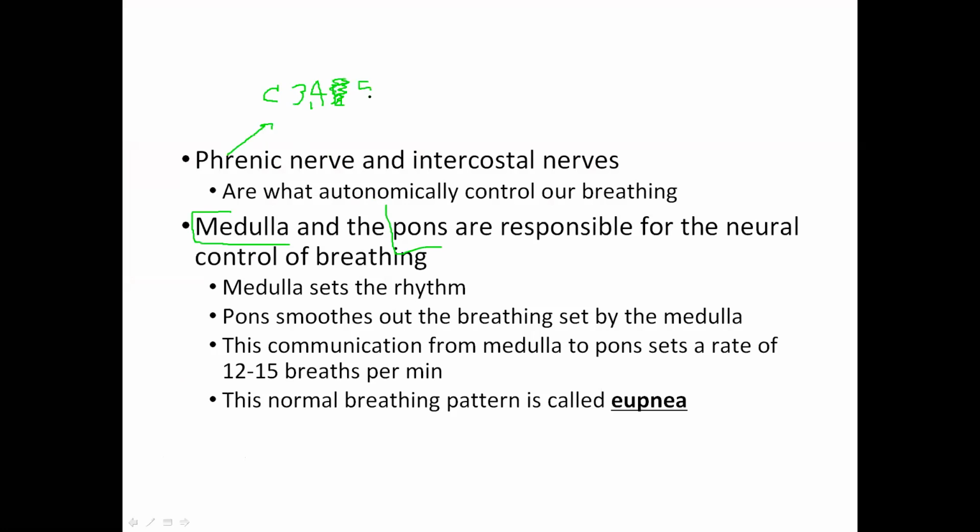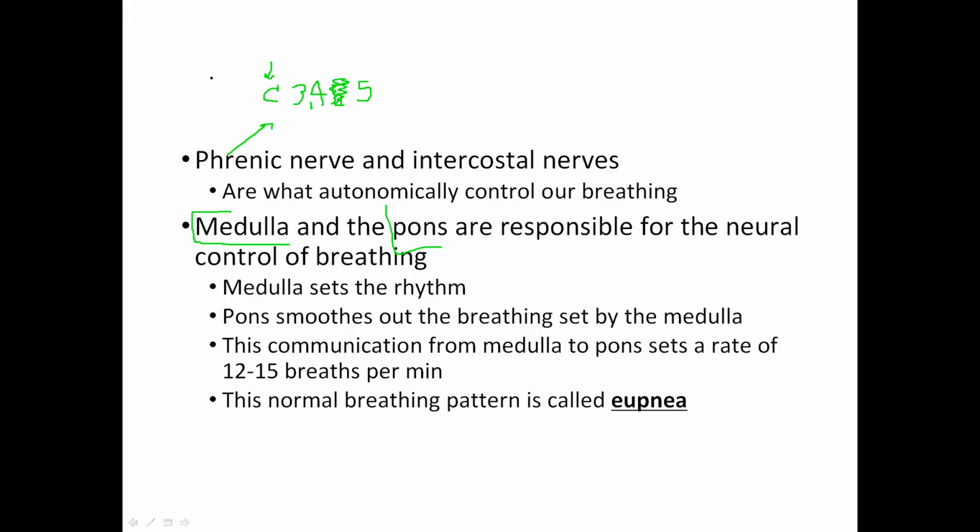In other words, cervical, so the nerves that come out of the cervical spine at the level of C3, C4, and C5 keep the diaphragm alive. Okay, it's kind of an easy way of remembering it. So that's called the phrenic nerve.